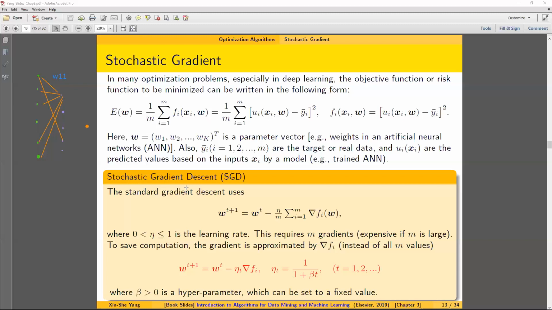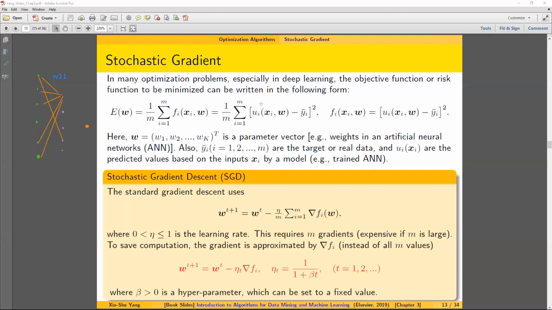So here, W is a parameter vector. It's the weights in artificial neural networks, which is the neural networks that I just discussed. And then y bar is a target or real data. It's really not average, it's really the target or real data.